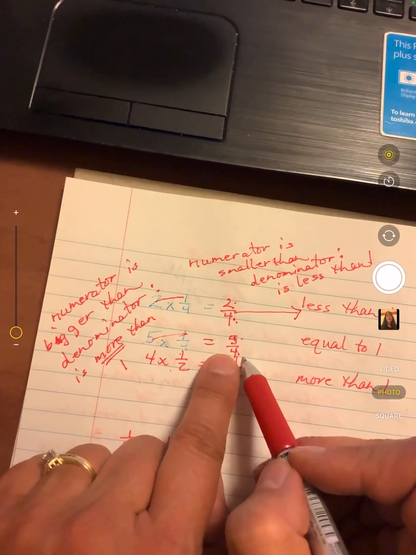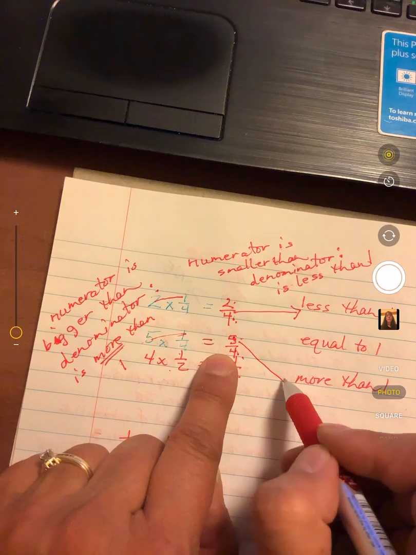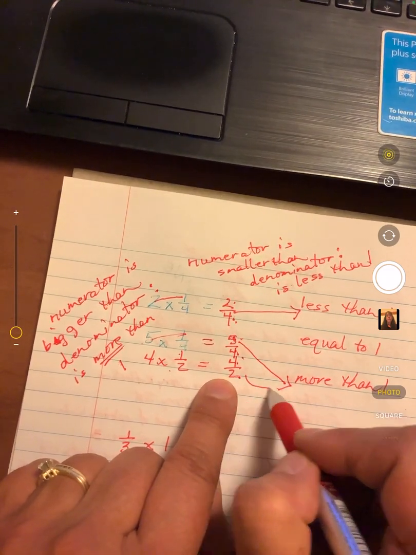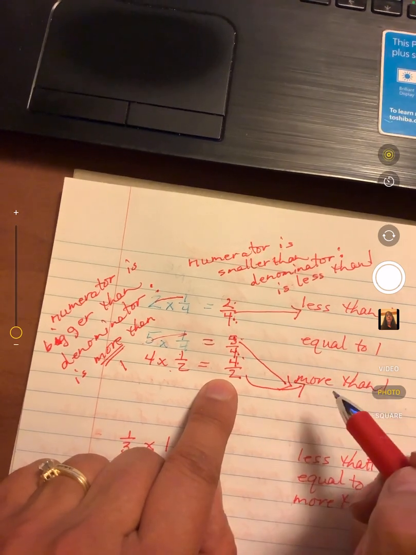So the 5 is bigger than 4, so this is going to be more than 1. 4 is bigger than 2, so it's going to be more than 1.